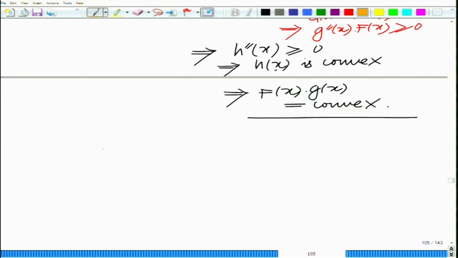Let us now move on to another problem, problem number 10.